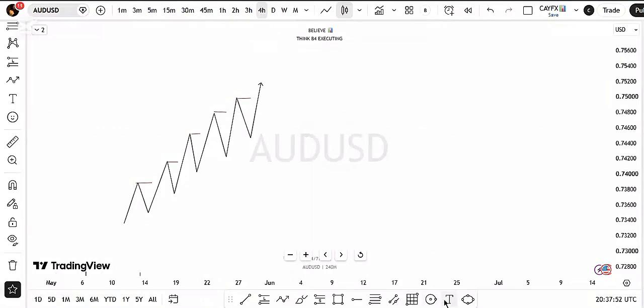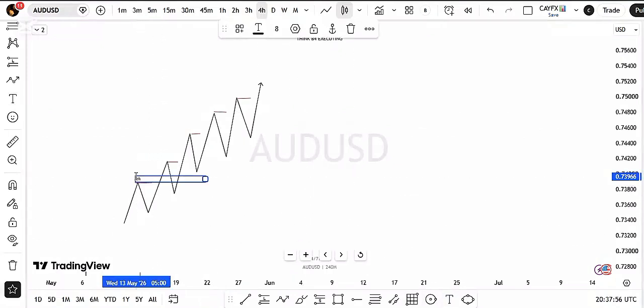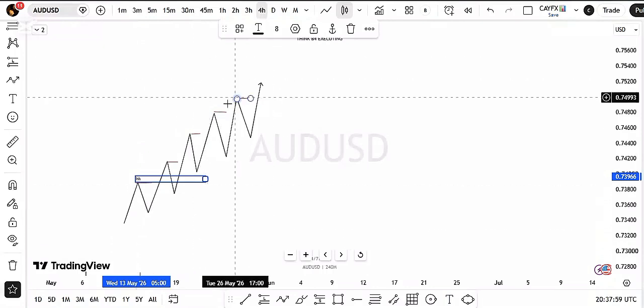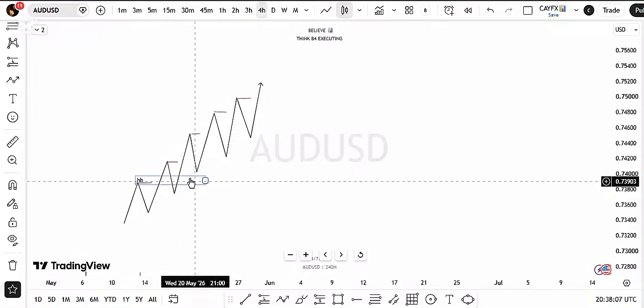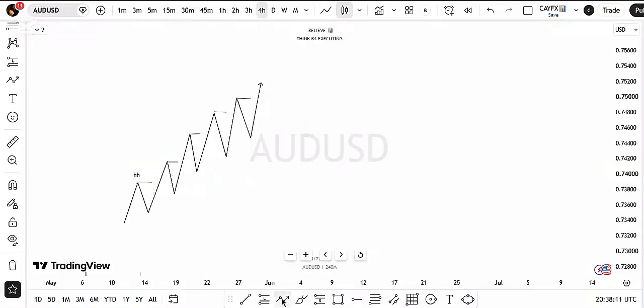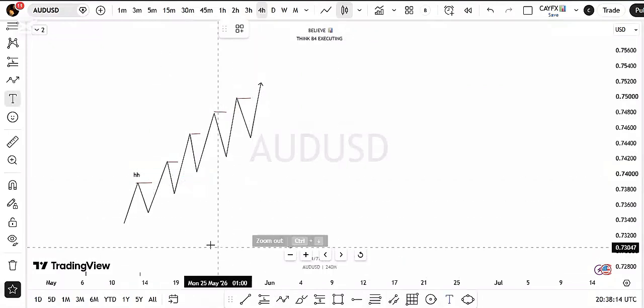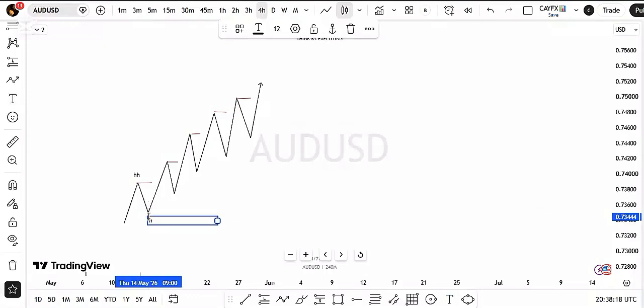Here you have the higher high, and you also have the higher low.